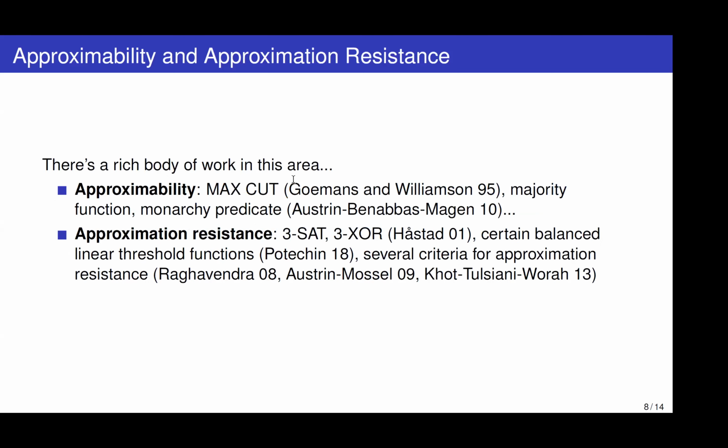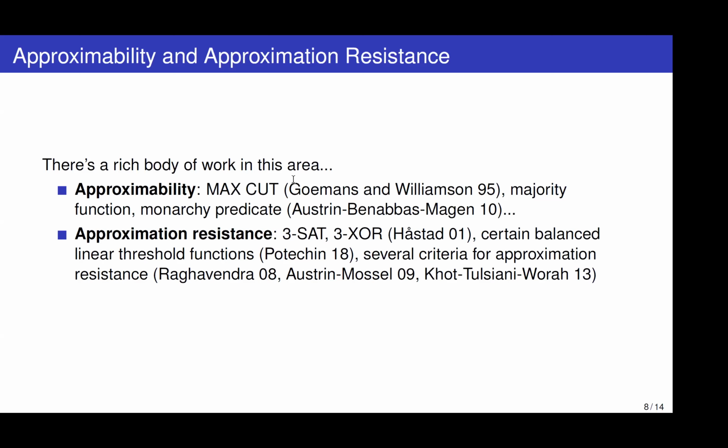There's a rich body of work in this area. On the algorithmic side, we know that max cut is approximable. Random assignment satisfies max cut with probability 1/2, but the algorithm by Goemans and Williamson has an approximation ratio of 0.878. We also know that majority and monarchy functions are approximable.